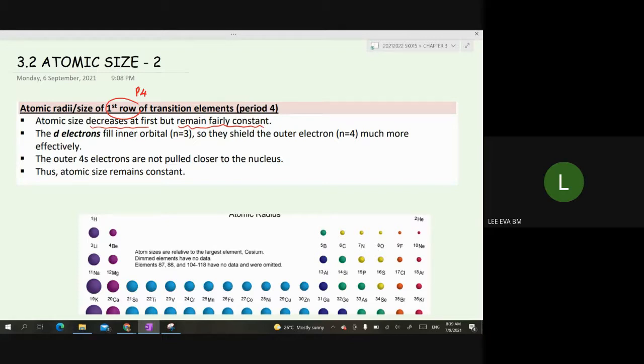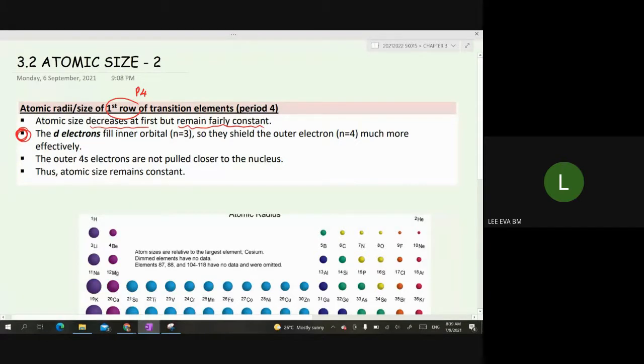So just now we said that across a period, when the proton number increases, Z effective will increase. Untuk transition element pun sama juga. Z dengan Z effective increases. Dan sepatutnya bila Z effective increases, size akan menjadi kecil. But that's not the case. It's because of this reason.